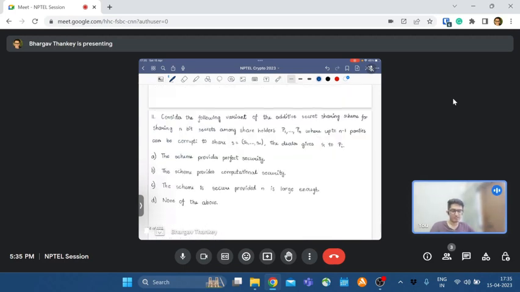Okay, so the next problem is again about additive secret sharing.